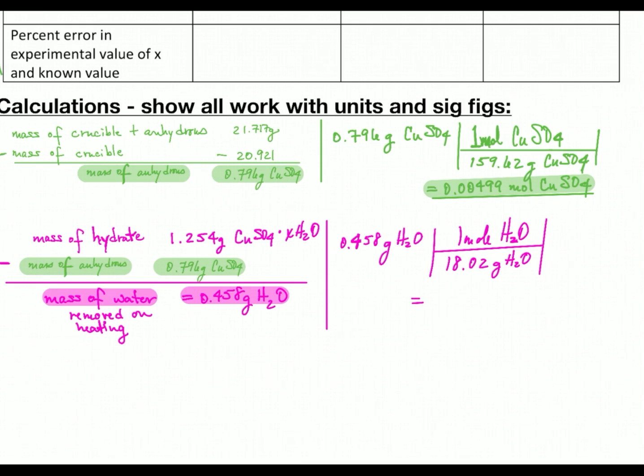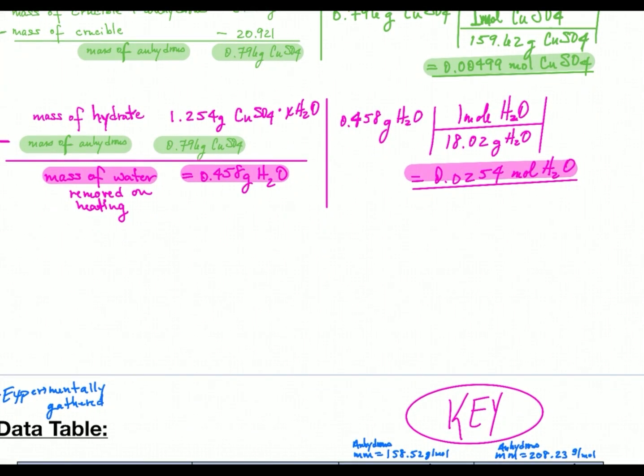And that's going to give you 0.0254 moles of H2O. Now we have a mole ratio, but that is not ready to be written as a formula.